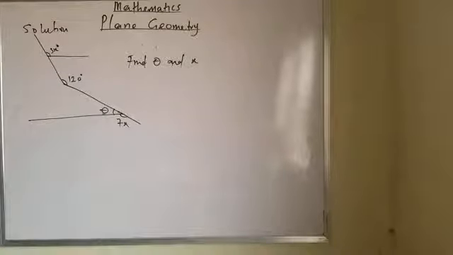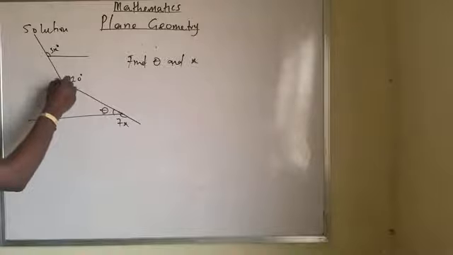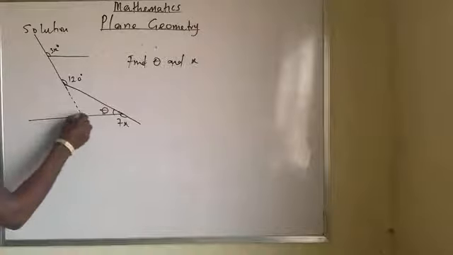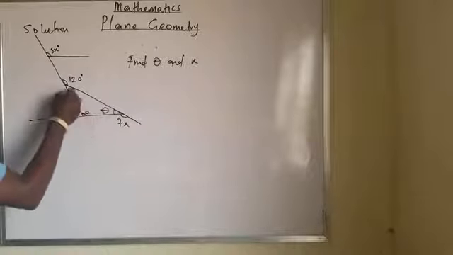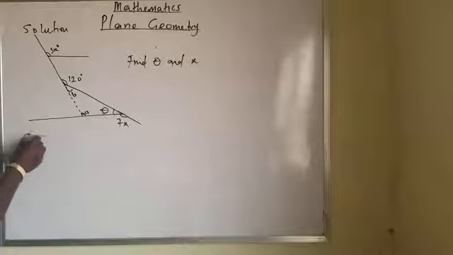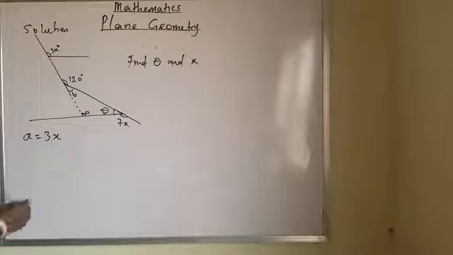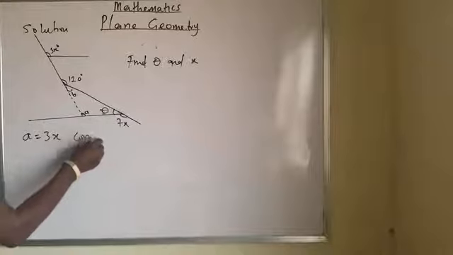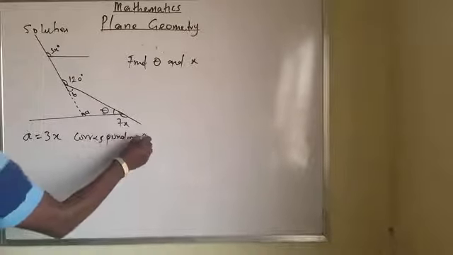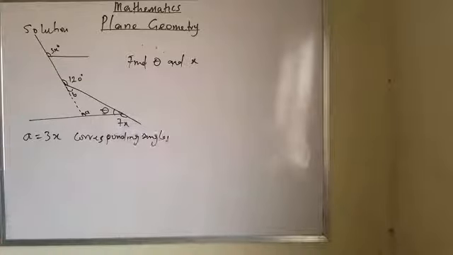Now, the first thing I need to know is that if I have a straight line like this, I will call this place A and B. Then I can say that my A equals 3x, which are corresponding angles.